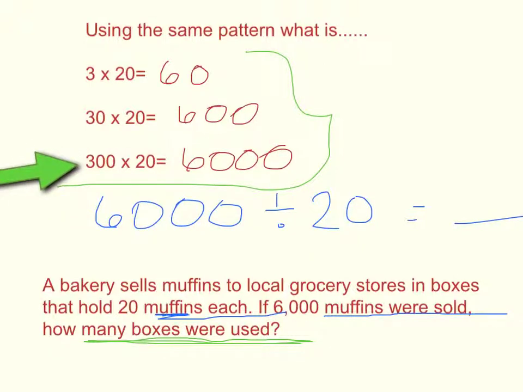Therefore, 6,000 divided by 20 equals 300. That's how we use our multiples of 10 and our families or math sentences that are related to solve that problem.